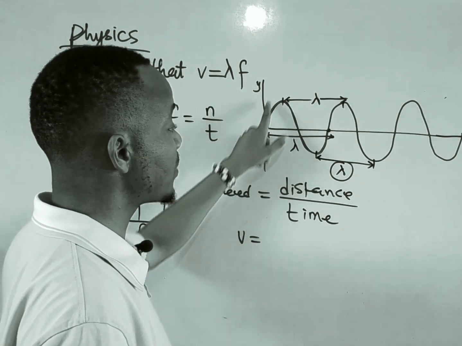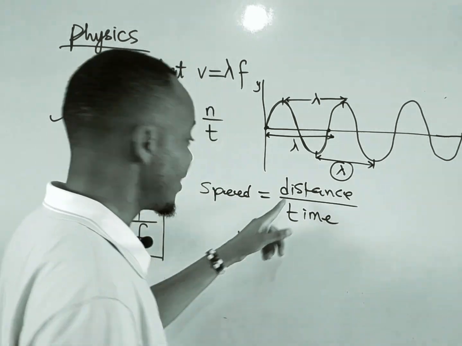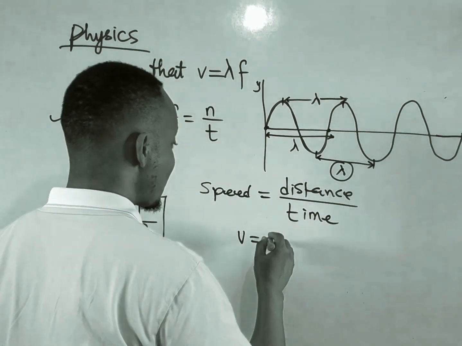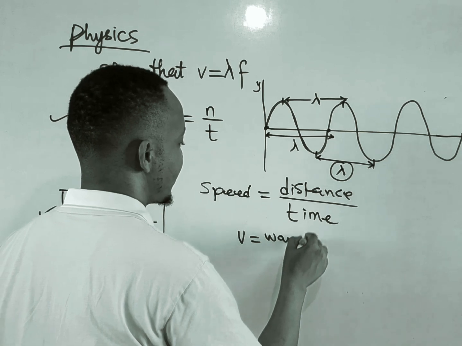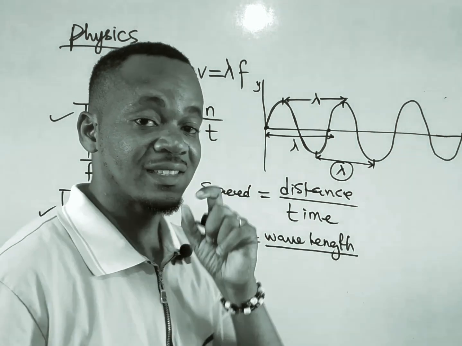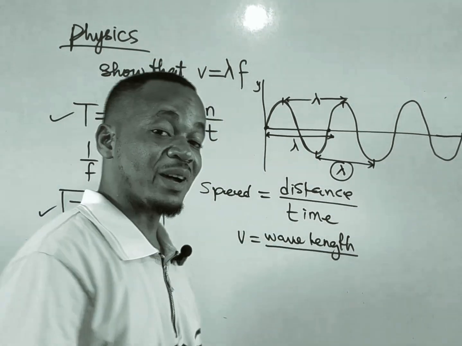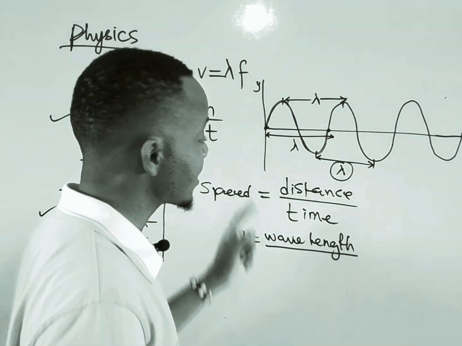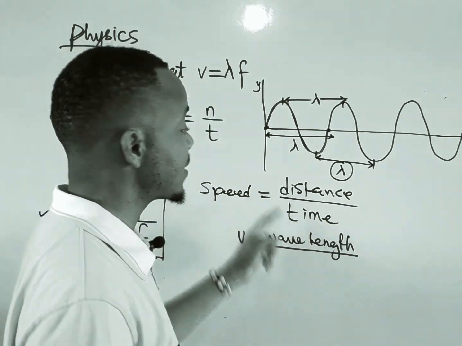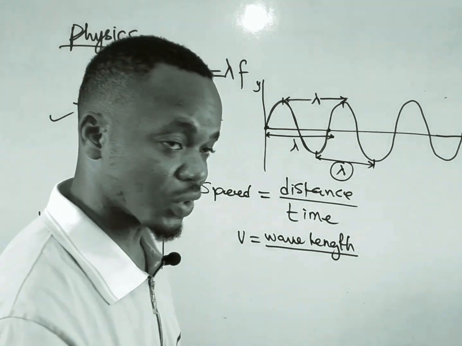The distance to complete one oscillation is the wavelength, and the time to complete one oscillation is the period.